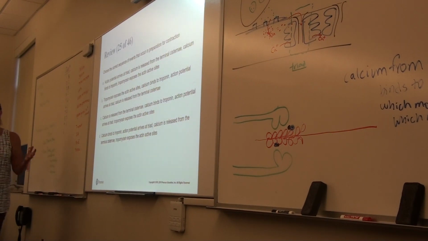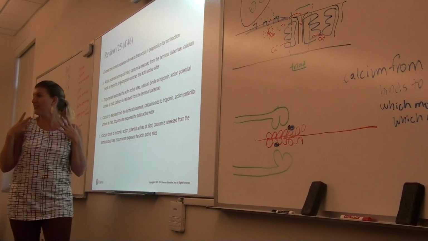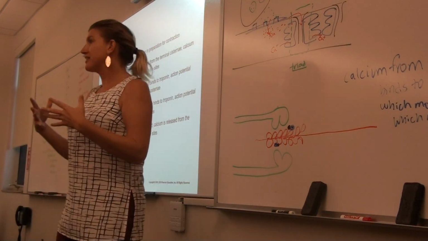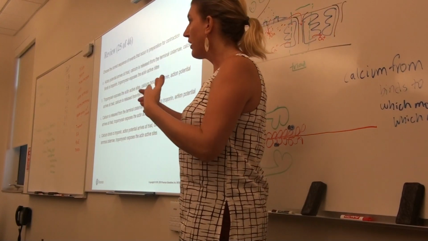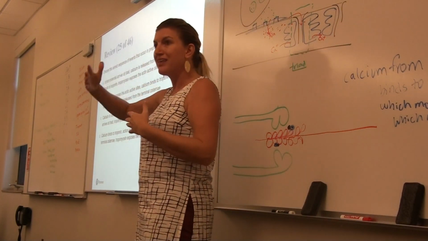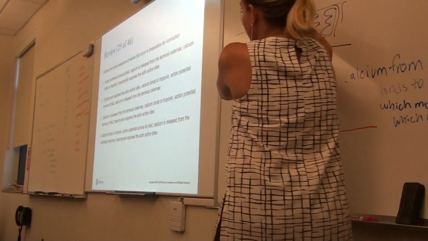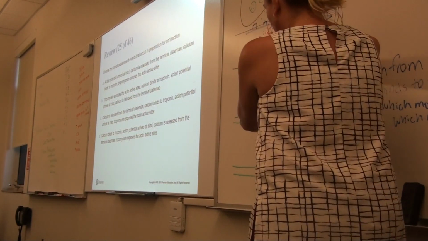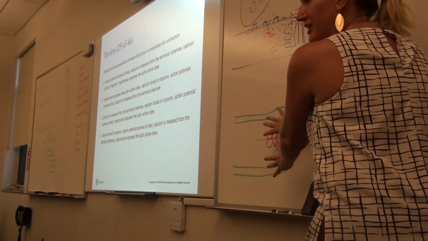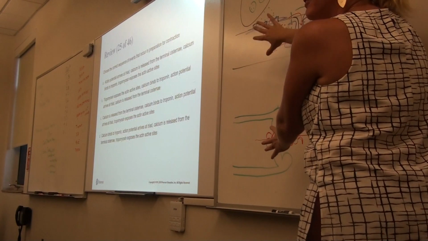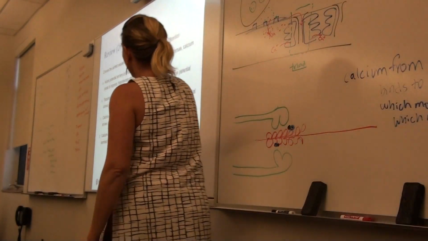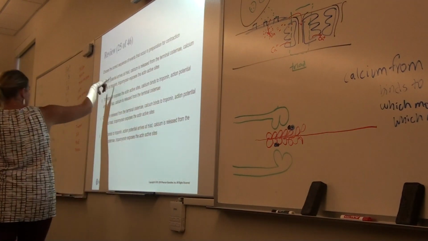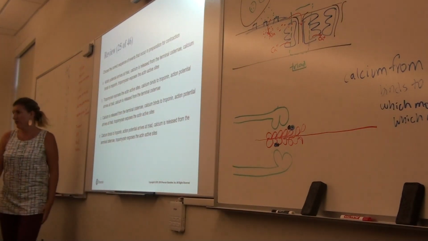Before any of this can happen, you have to have an action potential, right? That's the idea of excitation contraction coupling. You have to couple or pair the excitation, this stuff, with the contraction stuff here. None of this can happen if there's no action potential. So action potential arriving is the first one. There's only one of those choices that has action potential arriving at the triad first.